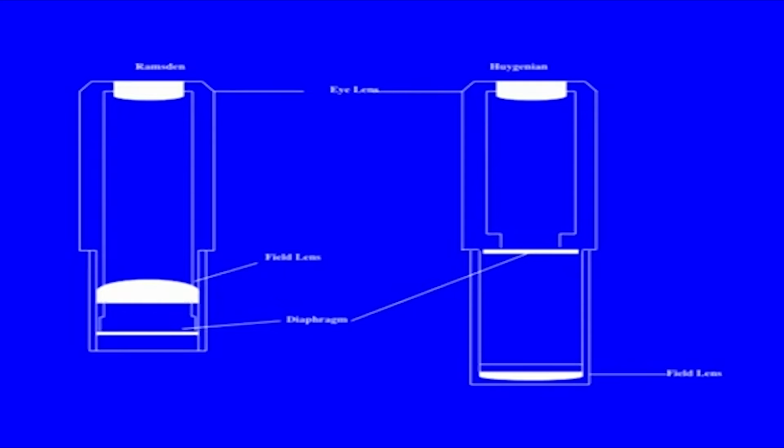Their focal plane is at the diaphragm. These are called positive eyepieces, and they are used in many different applications. Huygenian eyepieces are also used in many teaching and research labs. There could be many other eyepieces which we are not going into.